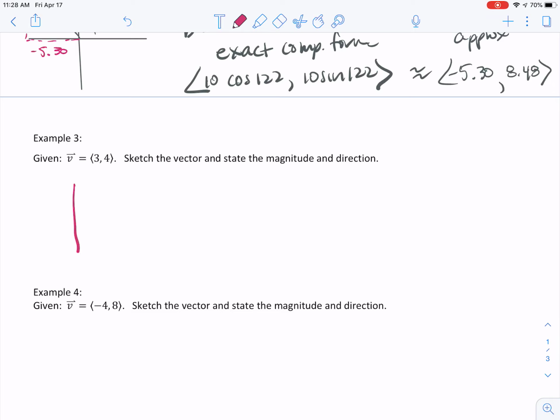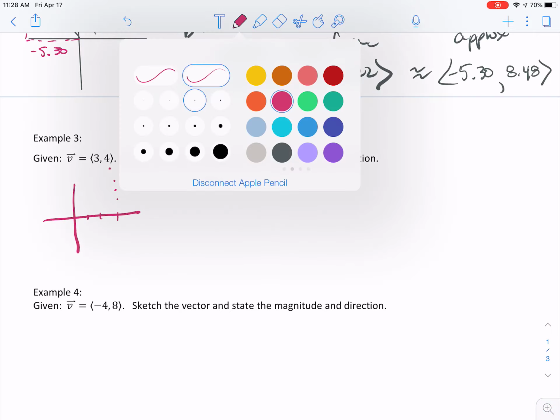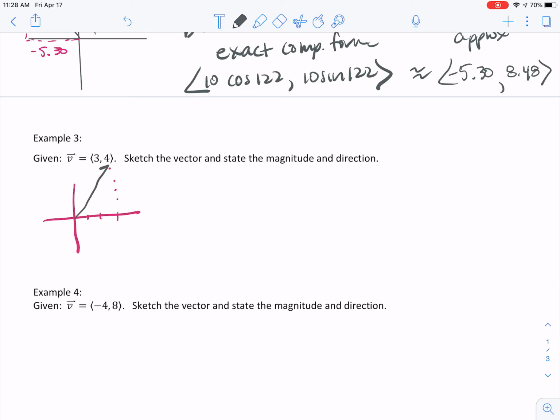So let's just go ahead and sketch it. When you go over 1, 2, 3, up 1, 2, 3, 4, your vector looks something like that. Okay? So this was over 3, up 4, but this is the vector here.